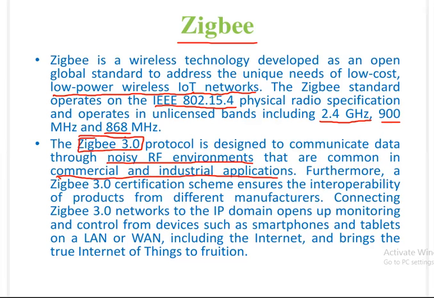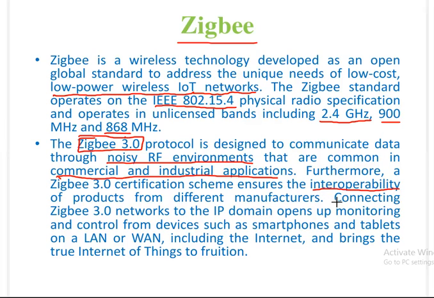This is another important thing. Interoperability means devices manufactured by different manufacturers should have the same specification for communication purposes. So the Zigbee 3.0 certification scheme ensures the interoperability of products from different manufacturers.